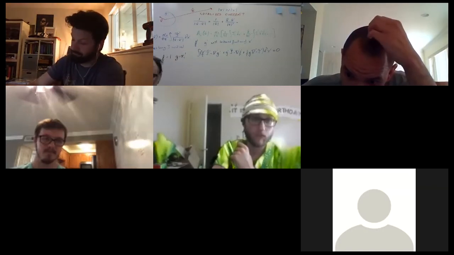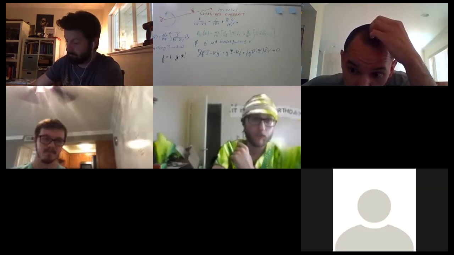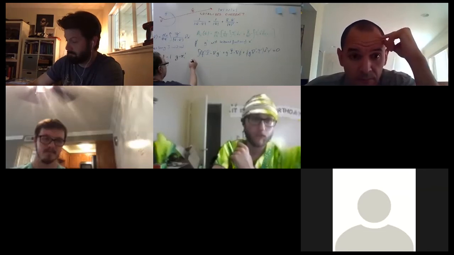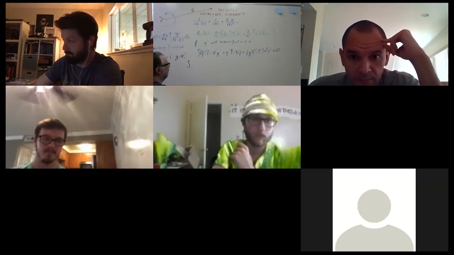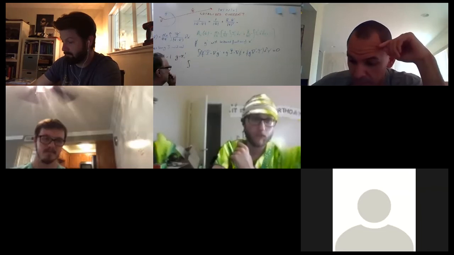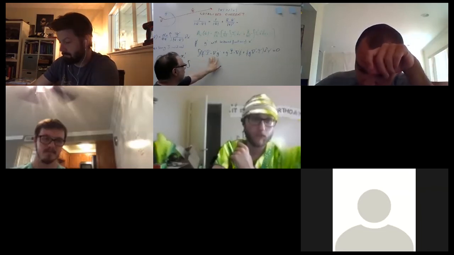All right, let's see what this gives us when I plug this in here. This first term, f prime, that's 1. So I have j prime dotted with the gradient of g prime.